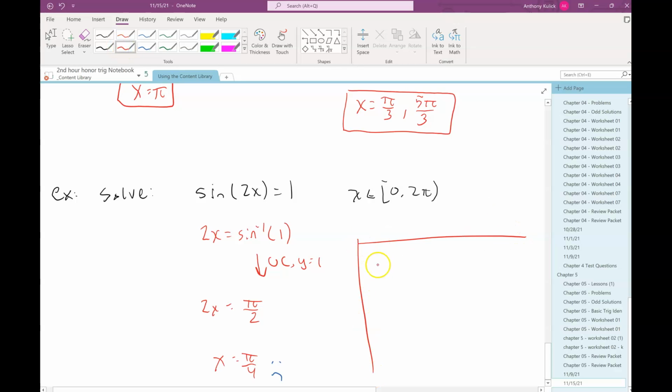So if we go all the way back to when we talked about the graphing, this is what the 2 is, right? It's a b coefficient. What does the b coefficient change with the graph?